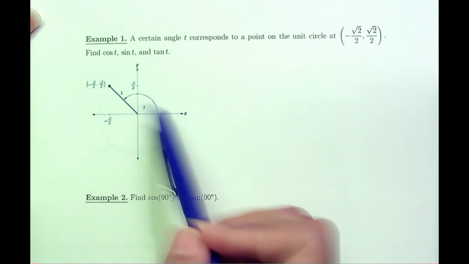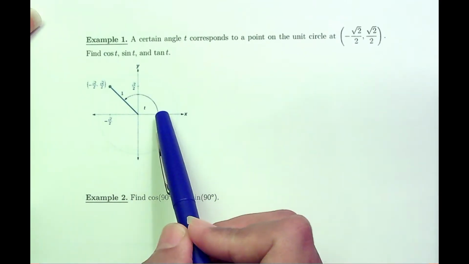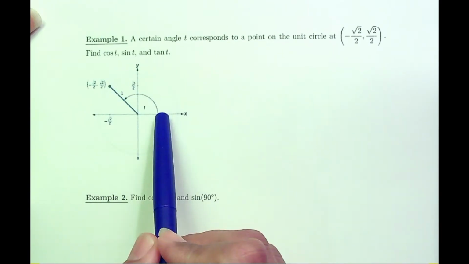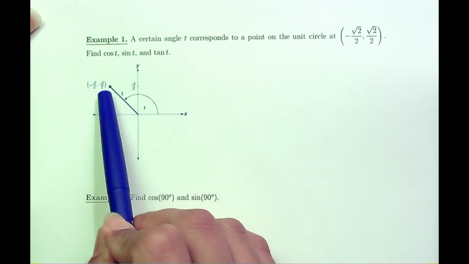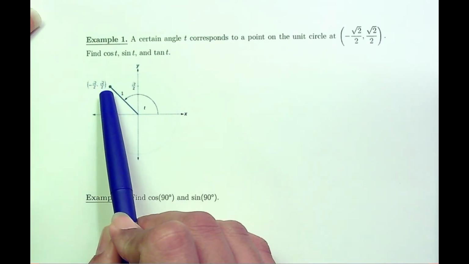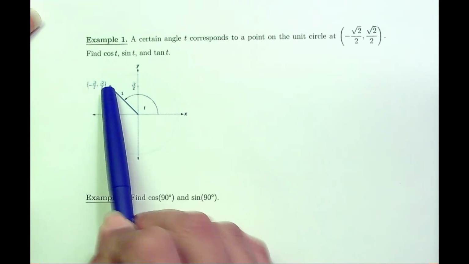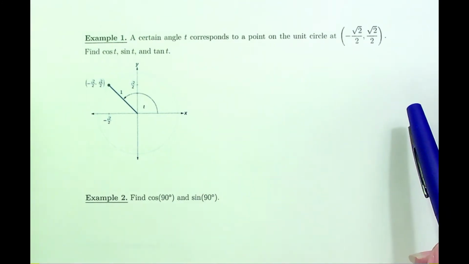You don't know how big the angle is, it does not matter, but you know the coordinates of that point. The terminal side intersects the unit circle at the point negative square root of 2 over 2, comma, square root of 2 over 2. So, given that information, what is cosine of t, sine of t, and tangent of t?